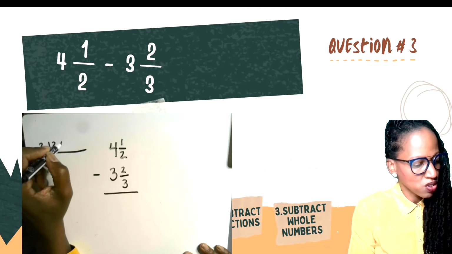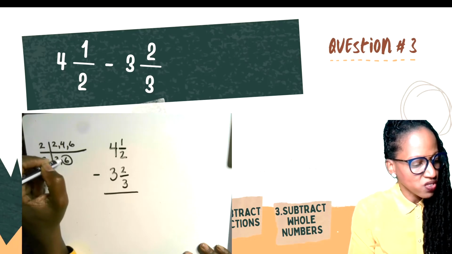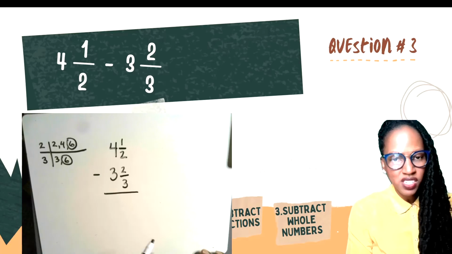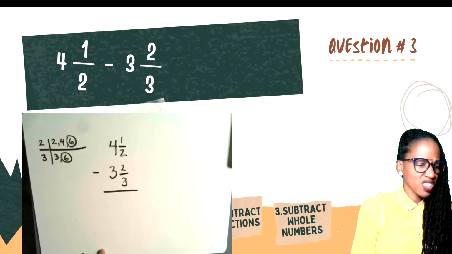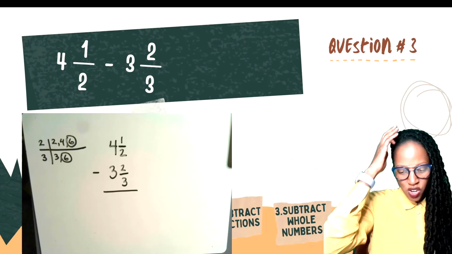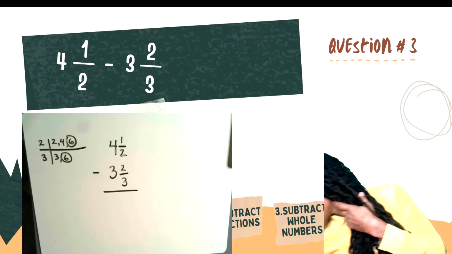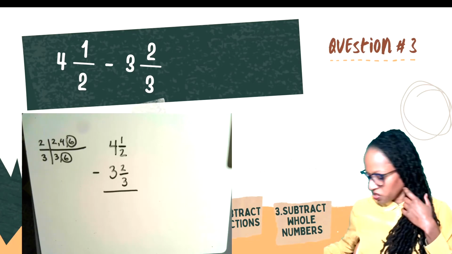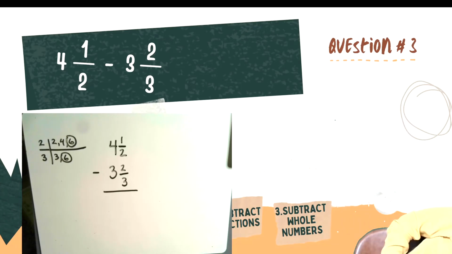So 2, 4, 6, and I already know that 6 is the first multiple they're going to have in common, the least common one, okay? As scholars become more comfortable with this method, they're going to mentally begin to notice that 1/3 is equivalent to 2 sixths. They'll be able to figure that out pretty quickly as they become more comfortable with the math.